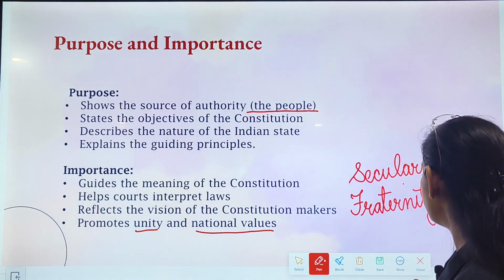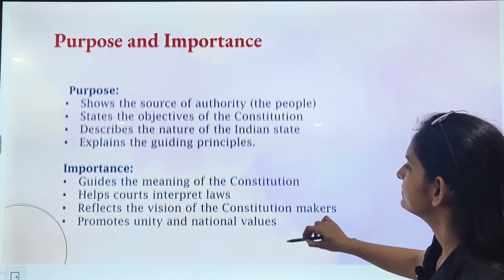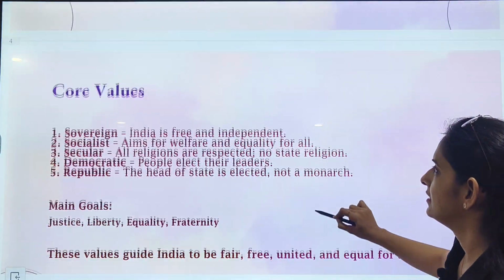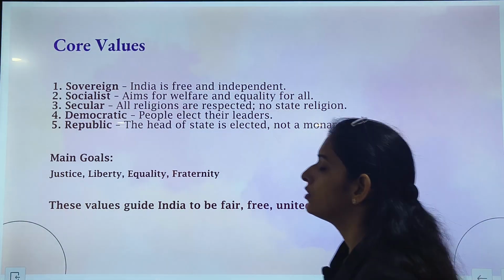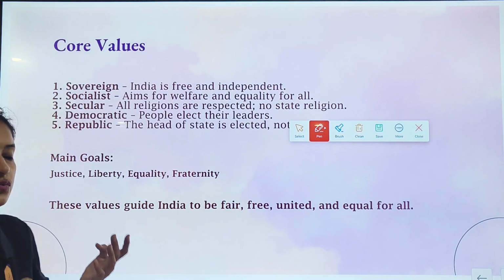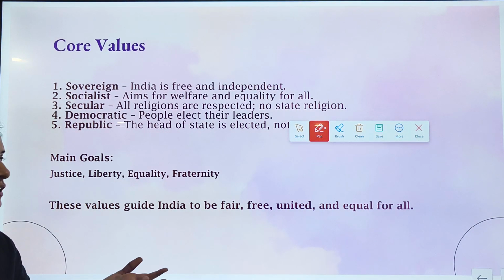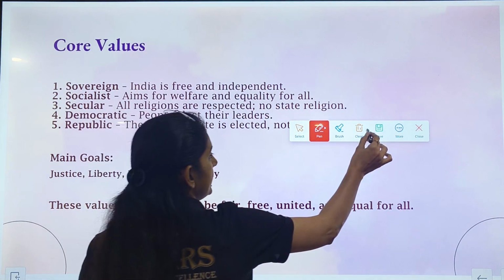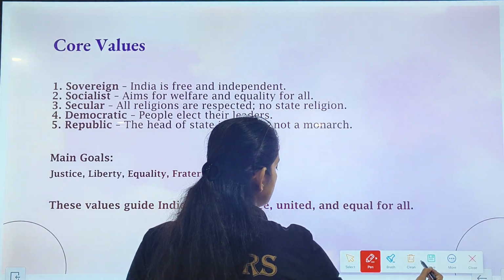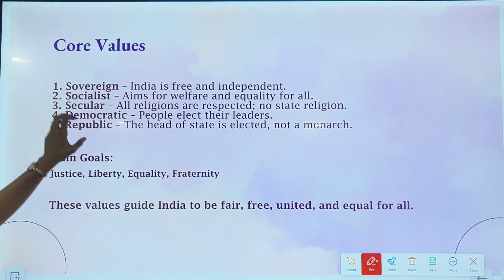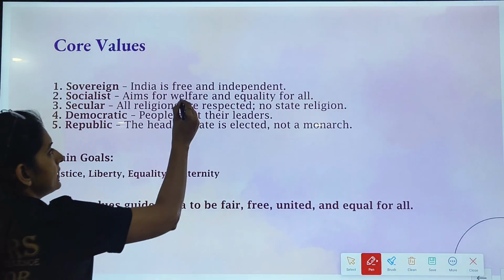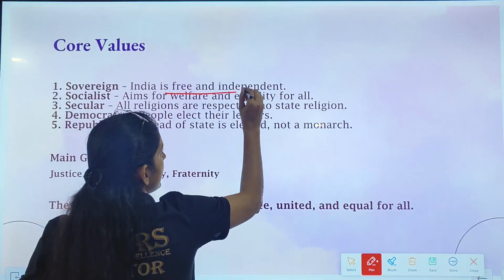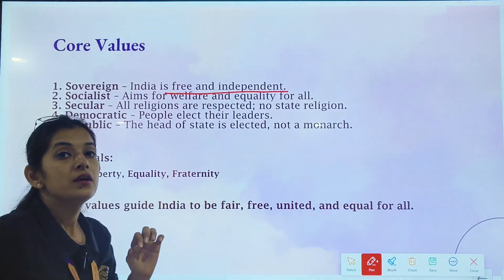So let's move further. Talking about the core values. What were the core values? What were the ideas according to which the constitution was made? First of all, it is a sovereign nation. What is the meaning of the word sovereign? That India is free and independent.